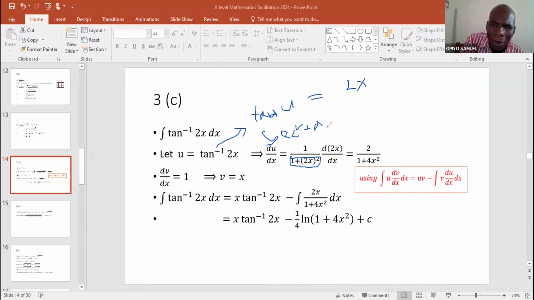The angle is this part, you differentiate it, and you get 2. That's why the 2 has come here. Then the lower one, when you square 2, you get 4, and squaring 2x, you get x squared. Are you clear now?